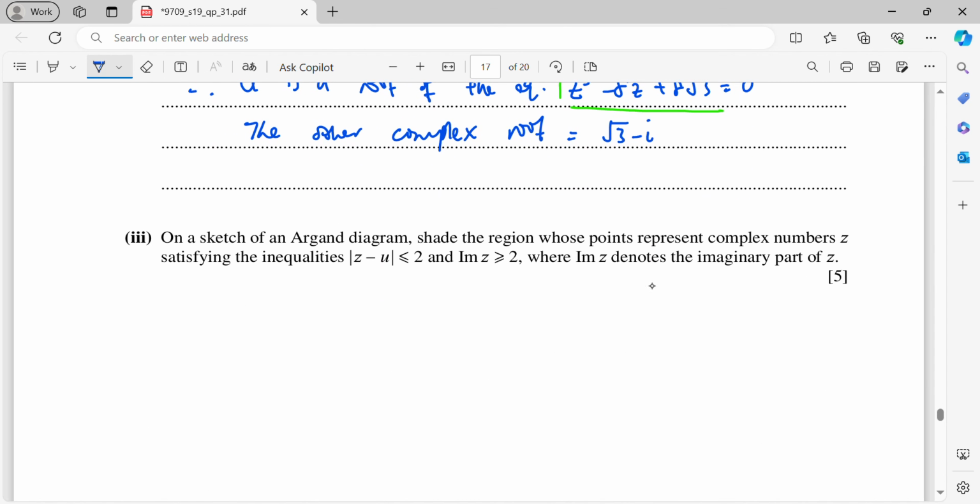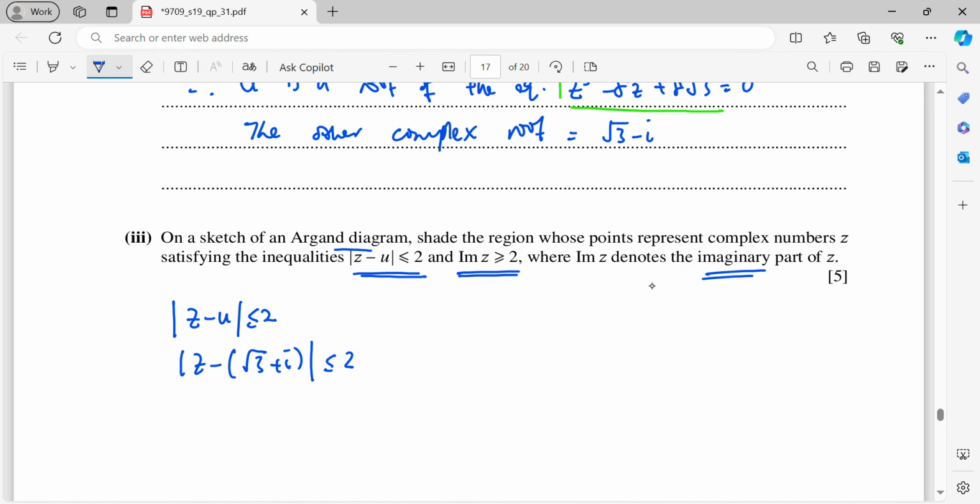Now part 3. On a sketch of an Argand diagram, shade the region whose points represent complex numbers z satisfying the inequalities modulus of z minus u less than or equal to 2 and Im z. The Im is basically the imaginary part of z. So modulus of z minus u less than or equal to 2 is modulus of z minus square root 3 plus i less than or equal to 2.